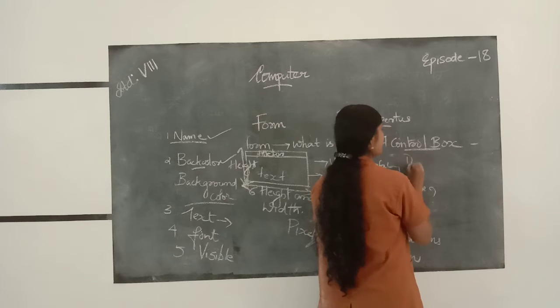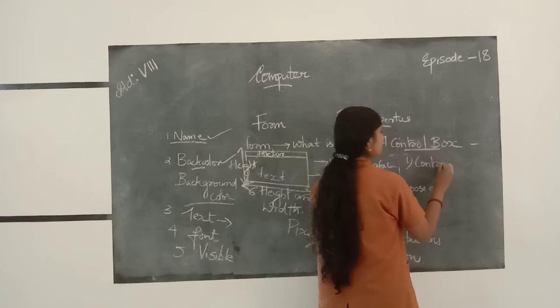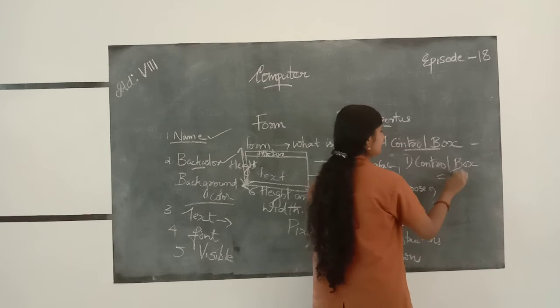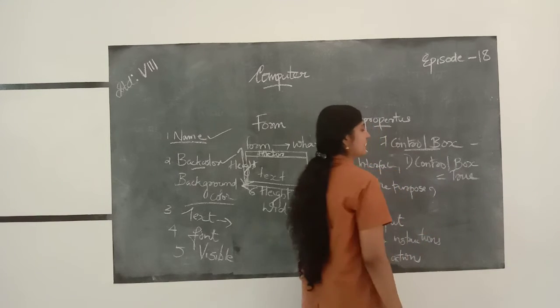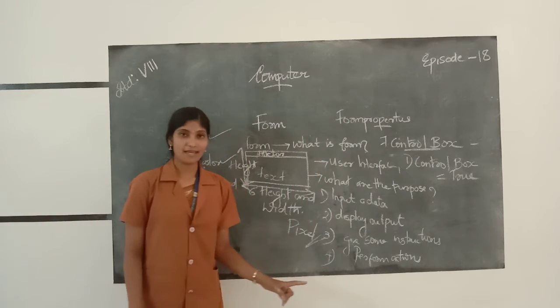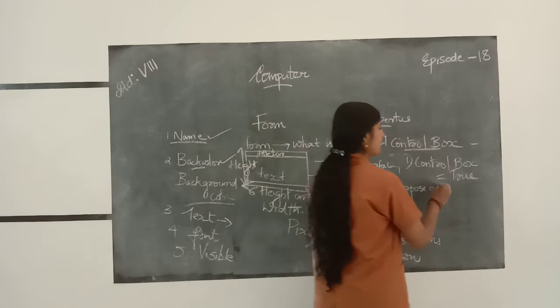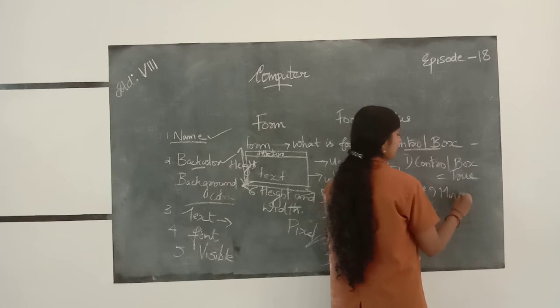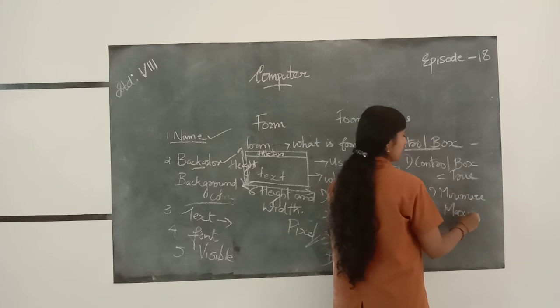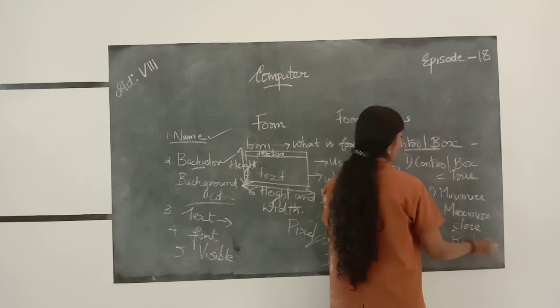If control box is equal to true, then what happens? You can show the buttons like minimize button, maximize button, close button, restore button. Okay, once again.